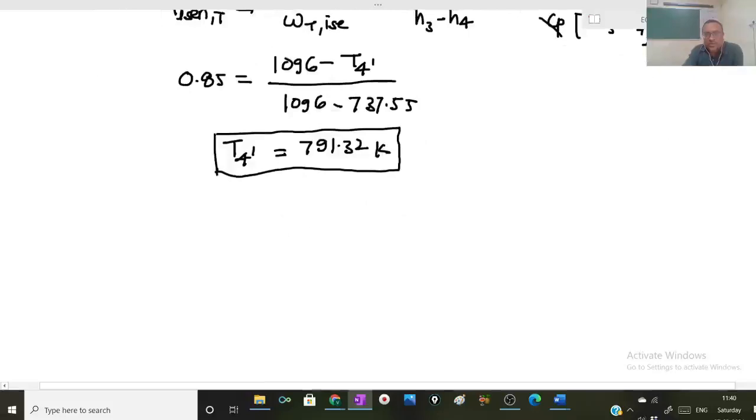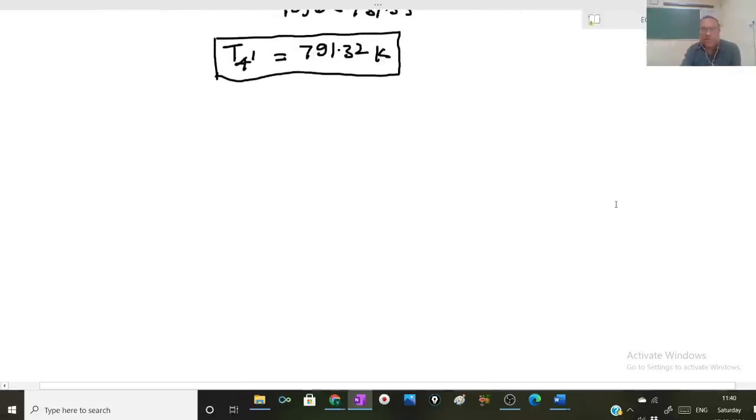It is always good practice to solve point-wise if the values have been asked to calculate point-wise. So number one is compressor work in kilojoule per kg. That means it is asking you to calculate the specific compressor work.